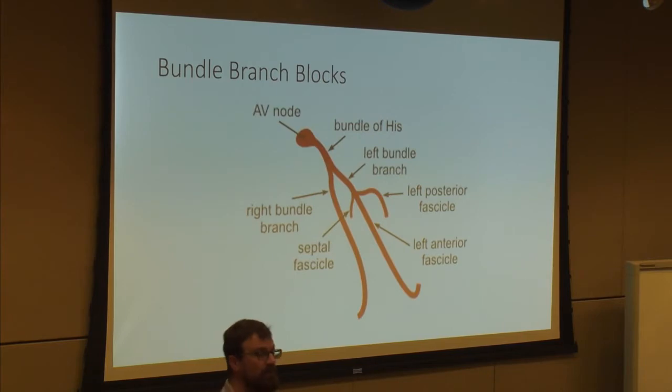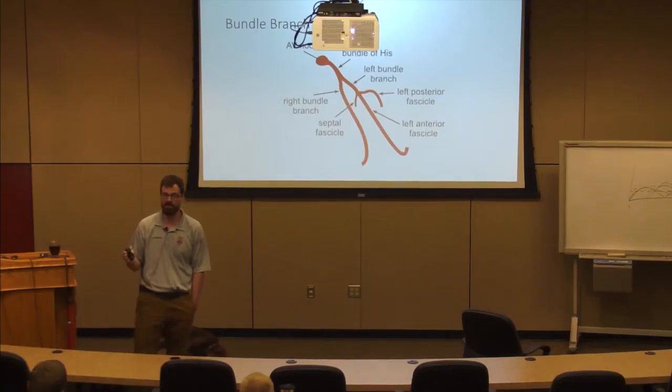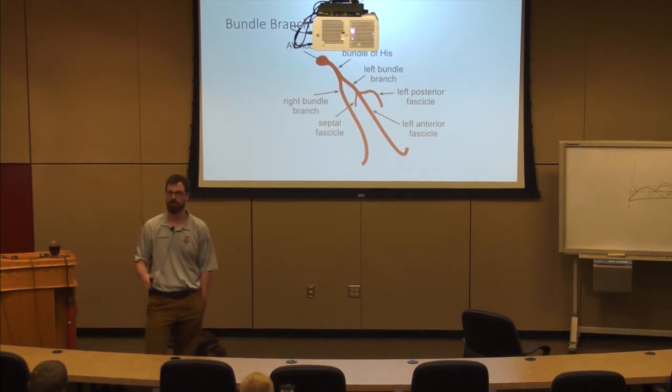So let's talk about bundle branch blocks. The reason you have to understand them is that with a lot of these pathologic processes, you're going to have a sinus rhythm with a wide QRS. We see that all the time with bundle branch blocks.